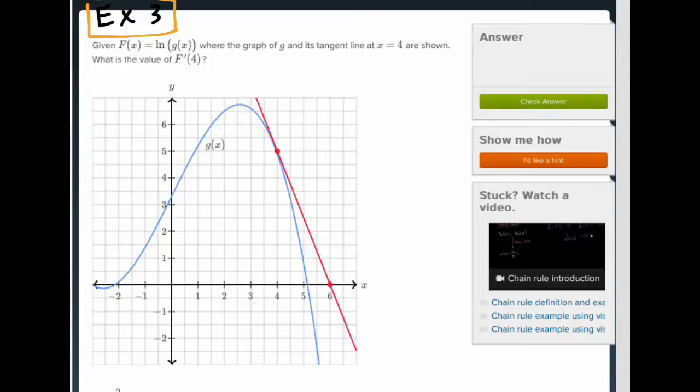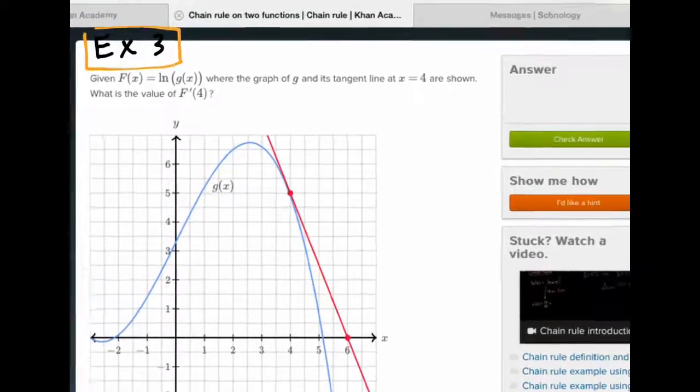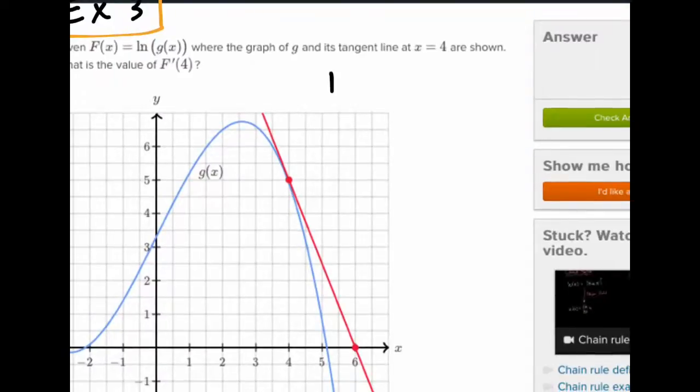First, before I do anything else, I'm going to figure out what f prime of x is. So that's my first step. Well, I have to use the chain rule: the derivative of the outside with the inside the same. What's the derivative of the natural log of x? 1 over x. But we don't have the natural log of x, we have the natural log of g of x.